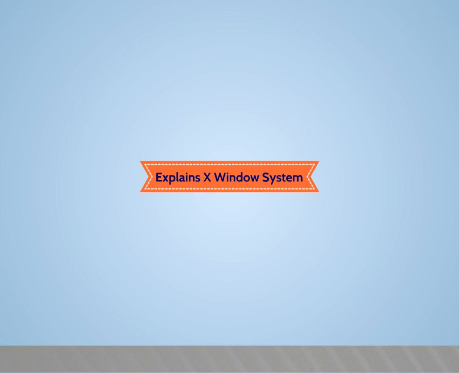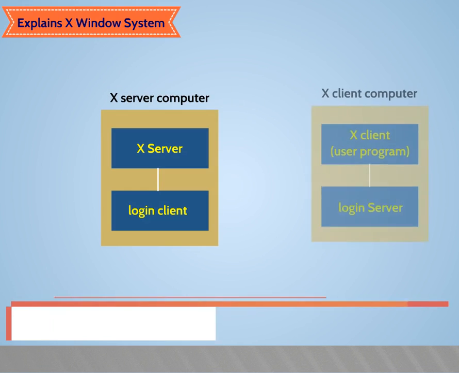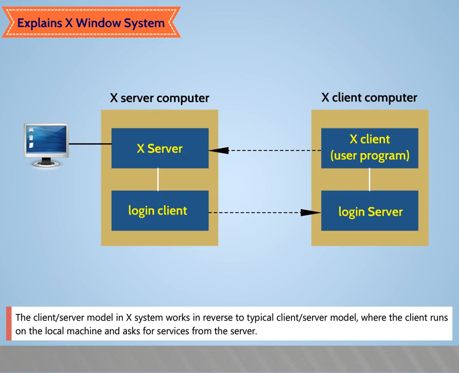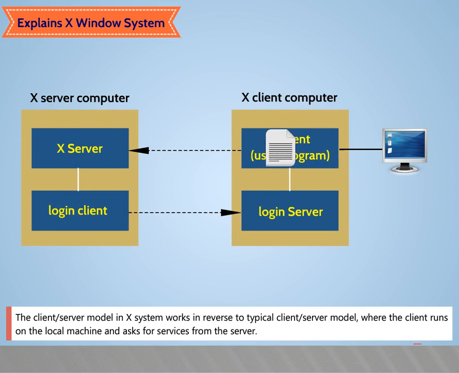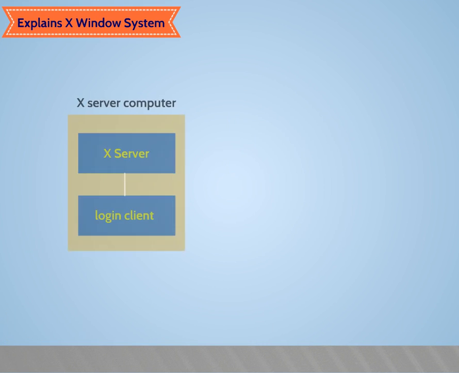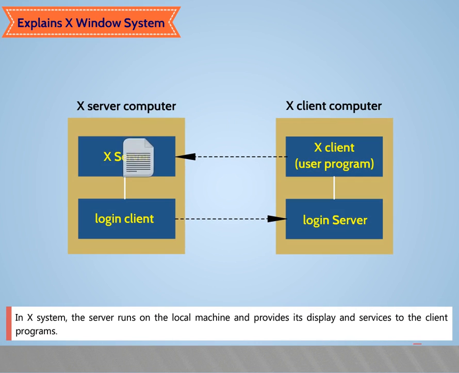Explains X Windows system. The client or server model in X system works in reverse to the typical client or server model, where the client runs on the local machine and asks for services from the server. In X system, the server runs on the local machine and provides its display and services to the client programs.